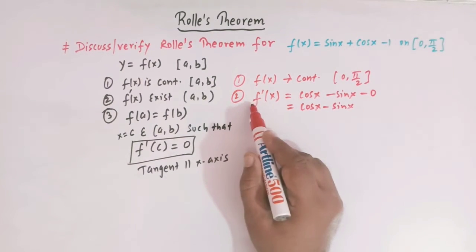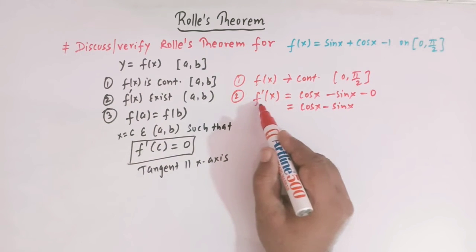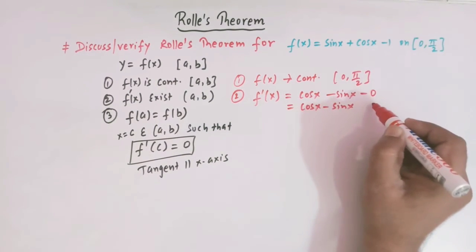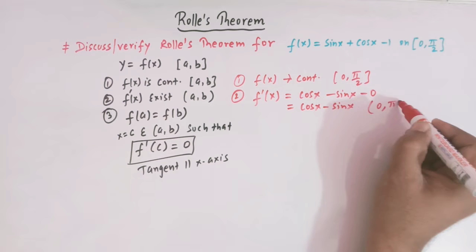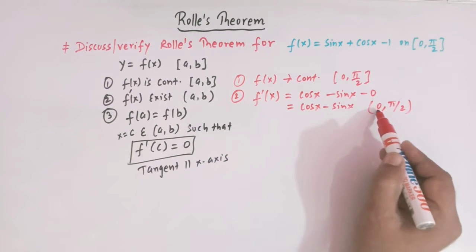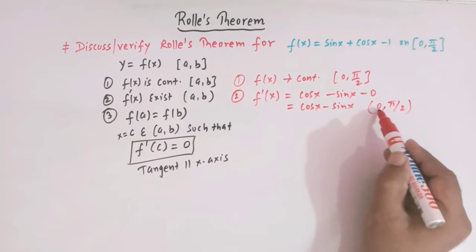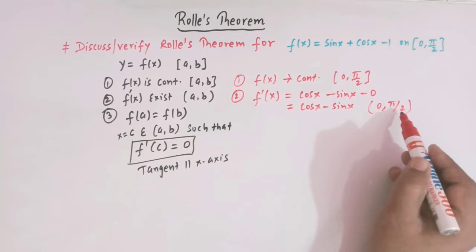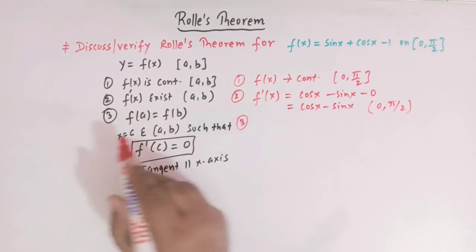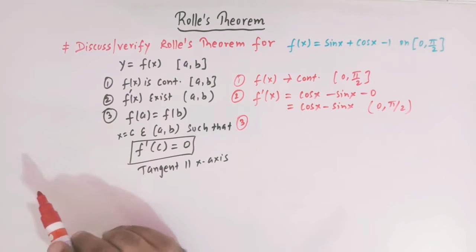We can easily see that the derivative exists in the interval 0 to pi by 2. So f prime of x is defined for all values of x which belong to 0 to pi by 2.